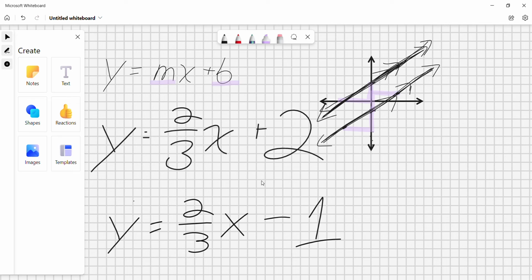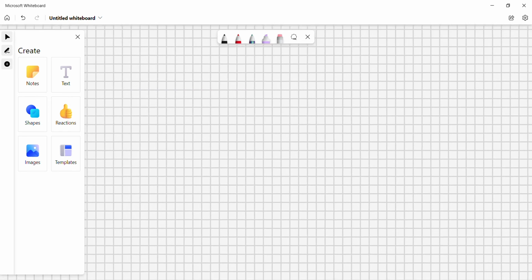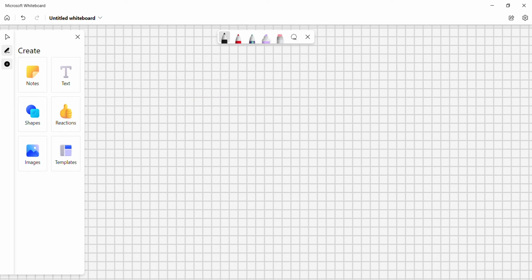So let's do guided practice number 9. Where am I? Guided practice number 9 is on page 10. Not page 10, what did I say?